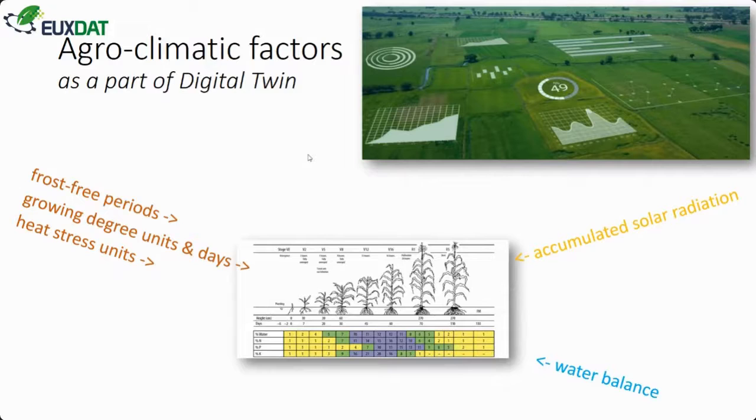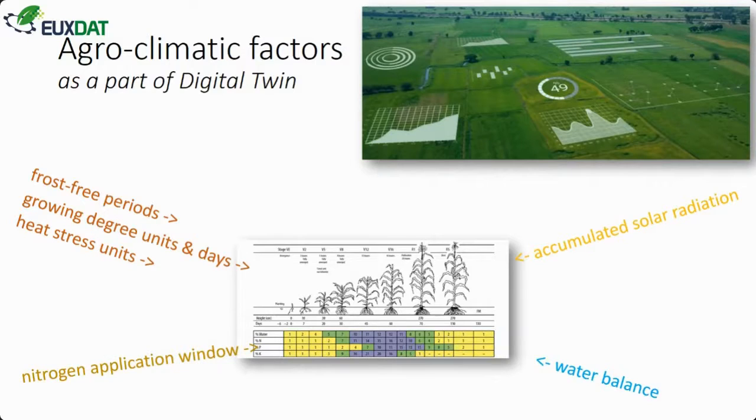Then we can discuss how many heat units we need and when we get them to grow the plant. Actually, here is some corn, for example. We will see the image later on again.